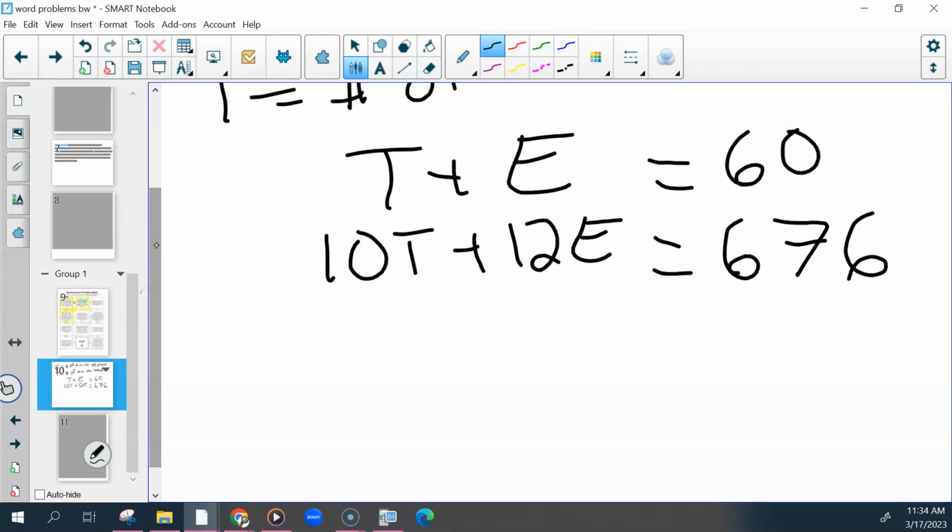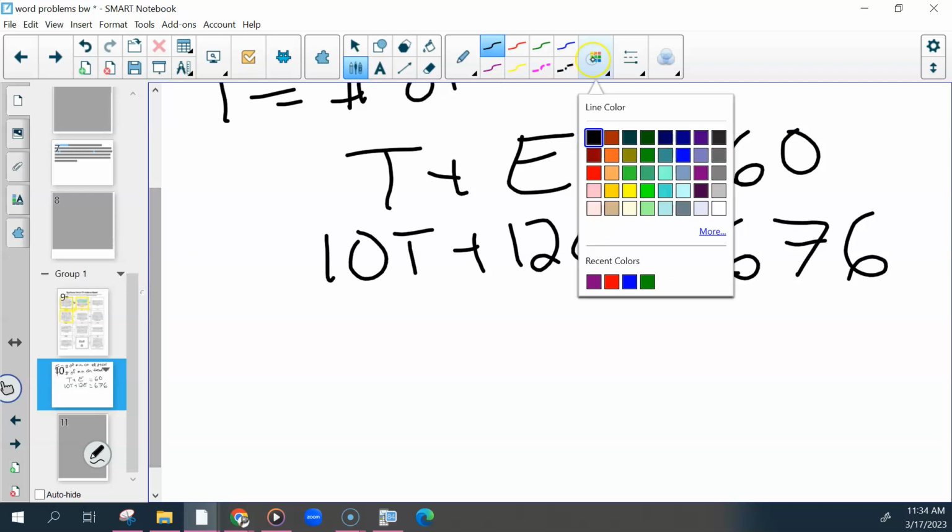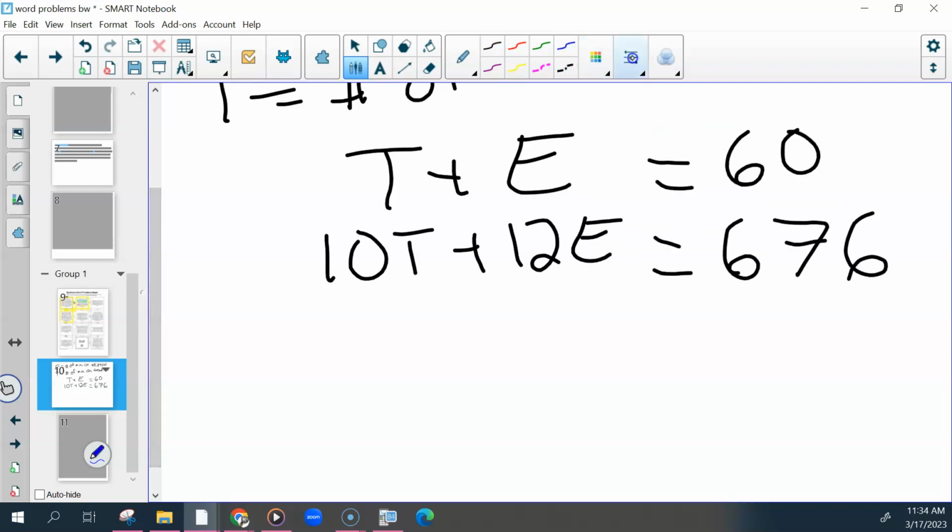As we graph, if you want to have Desmos open, you can do that because I'm going to be doing these in Desmos for the sake of time. So we would have to change the variables to x and y. Again, it does not matter which one you make x and which you make y, as long as you make them both x or both y. And then we're going to write these equations into Desmos.